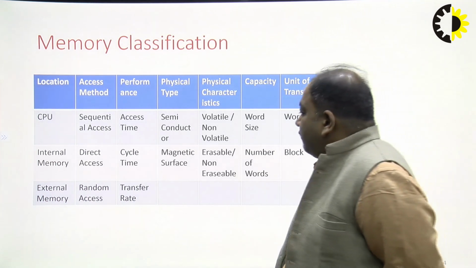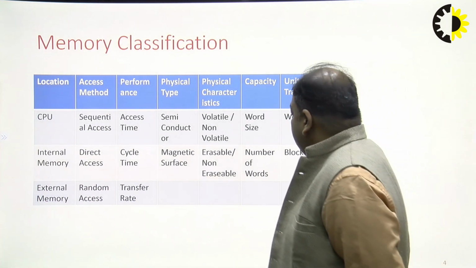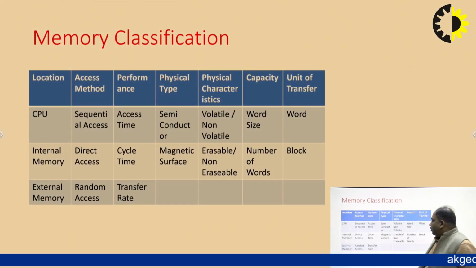And these can be of two types, erasable and non-erasable, and it consists of a number of words, and each block constitutes a number of these words. And the last is external memory, which is random access, and its performance depends on the transfer rate. External memory is like the USB drive we call a pen drive. So these are the examples of external memory.